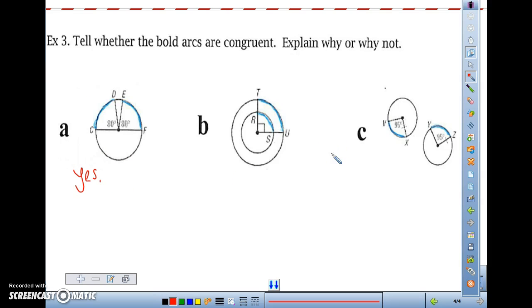All right, look at B. Are they of the same circle or congruent circles? Different circles. They're not congruent circles because they have different radii. So this is a no. Even though the central angle is the same, they won't be considered congruent arcs.